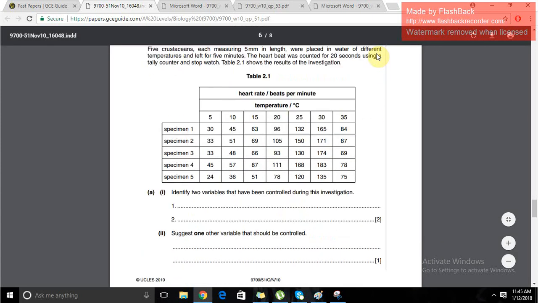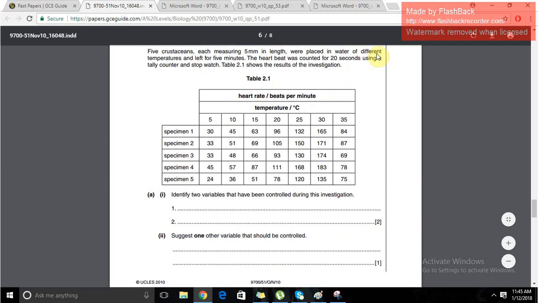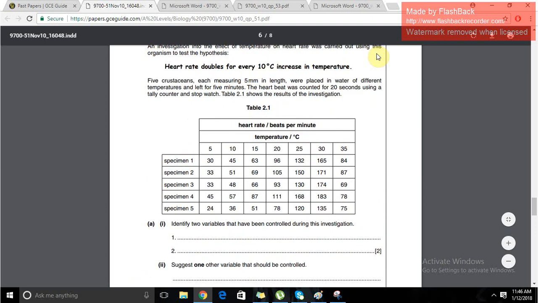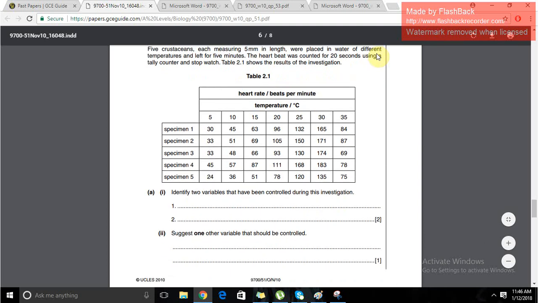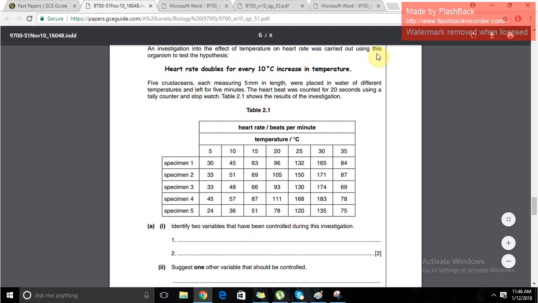Identify the variables that have been controlled during this investigation. Number 1, the length of the specimen, and the time interval for which the heartbeat was counted, and one other variable that could be controlled.